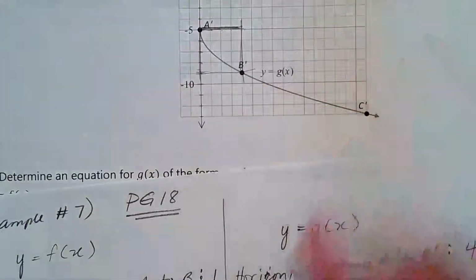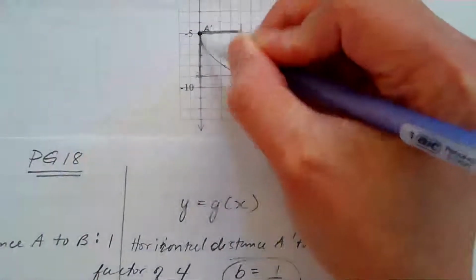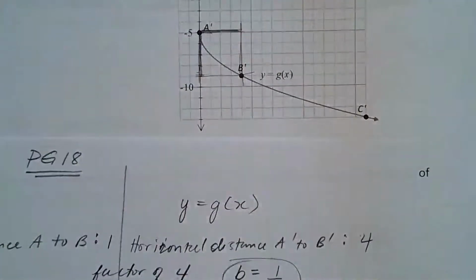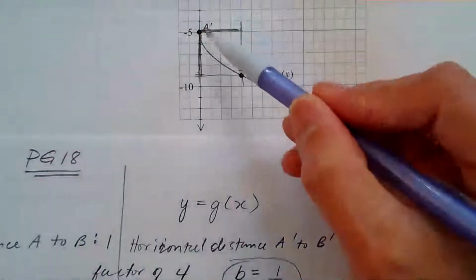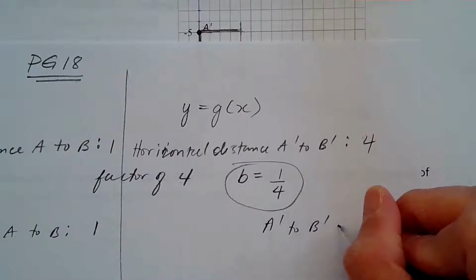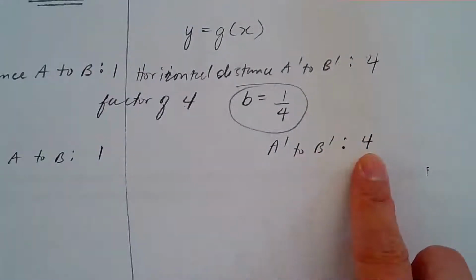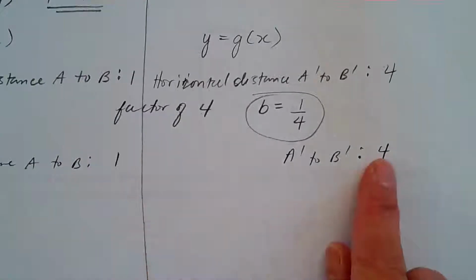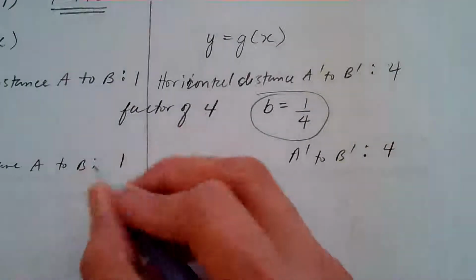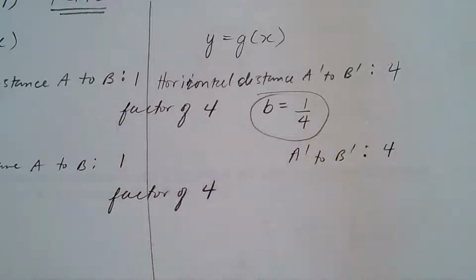Just their distance, how far apart are they? We're not saying from A to B and B to A. It's basically 4. So what factor did we have to do that for? There's a factor of 4.